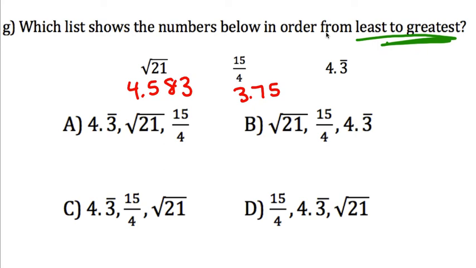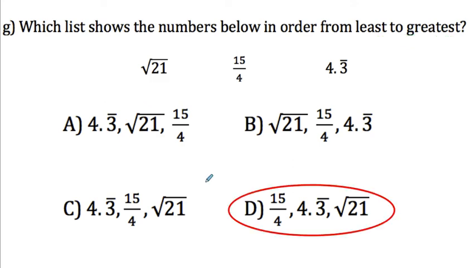So the smallest number here, we can see is 3.75. So that means the first number has to be 15 over 4. Only one of our lists has 15 over 4 first, so we know the correct answer is D. But then next, 4.3 is smaller than 4.583, so we know 4.3 goes before the square root of 21. So our correct answer here is D.